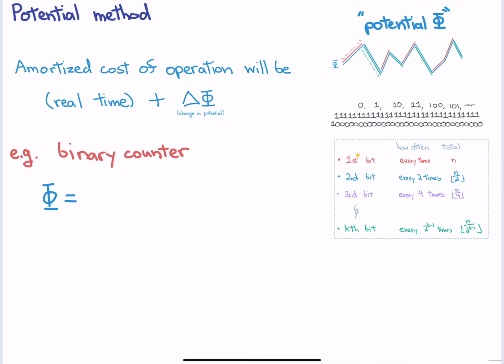So I want a potential function that somehow reflects the state of the binary counter so that if I'm flipping a bunch of ones to zero, the potential goes down by a lot and can pay for that work. I know it's hard to guess because you've never seen an example of it before.